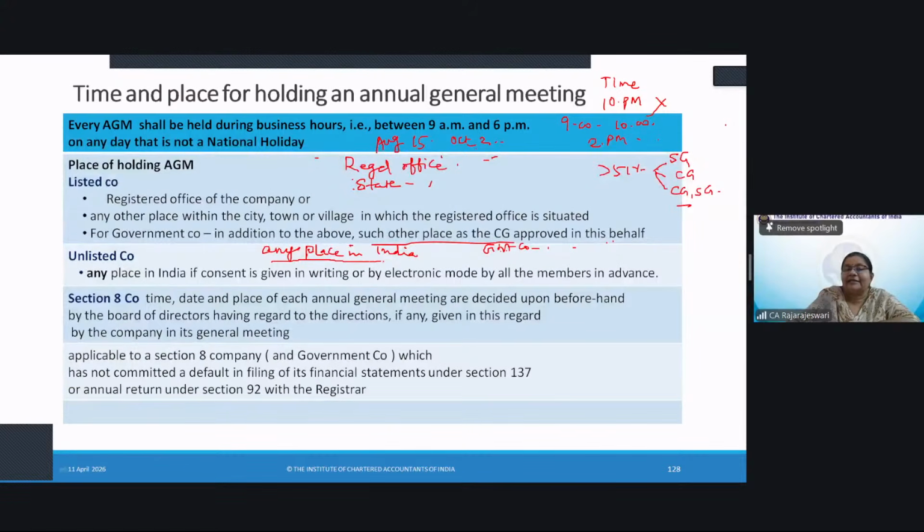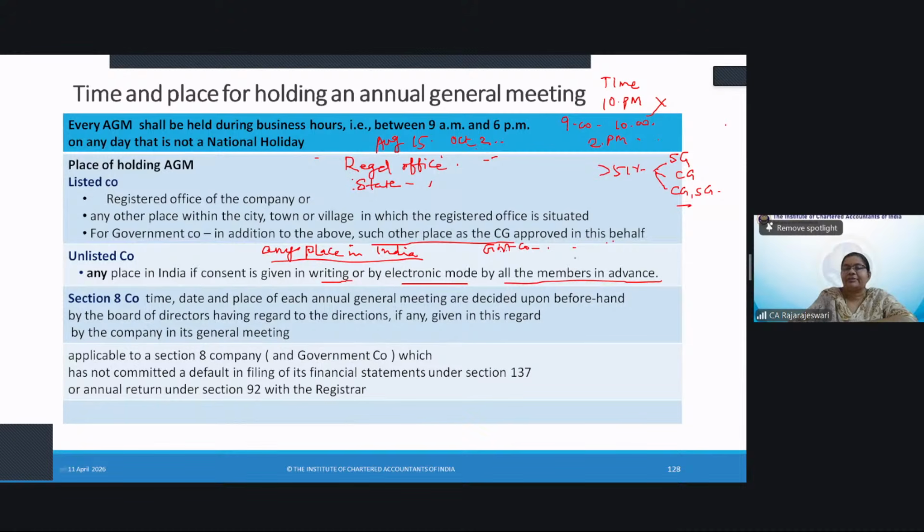Within India, any place, if consent is given in writing or in electronic mode by all the members in advance. Otherwise, you have to hold it only at the registered office of the company.